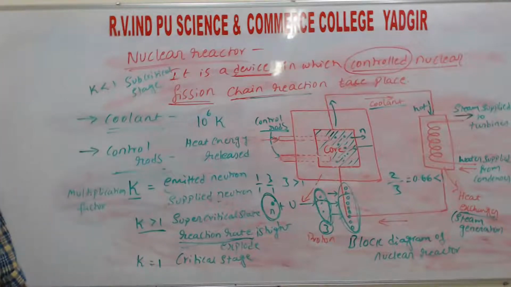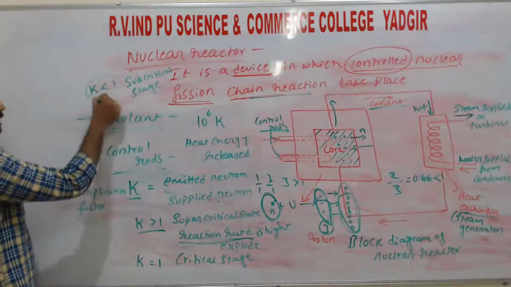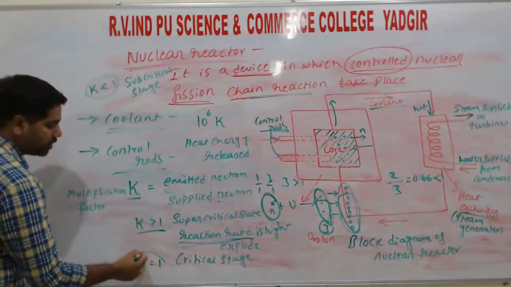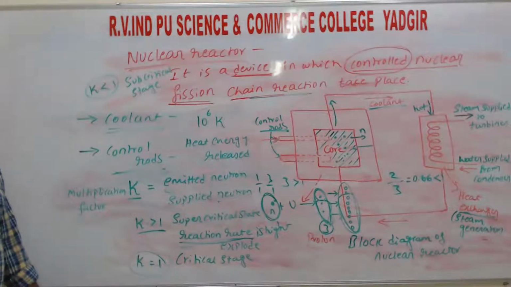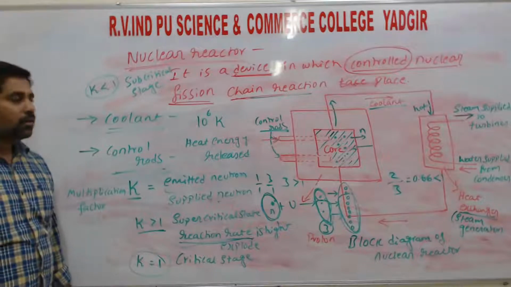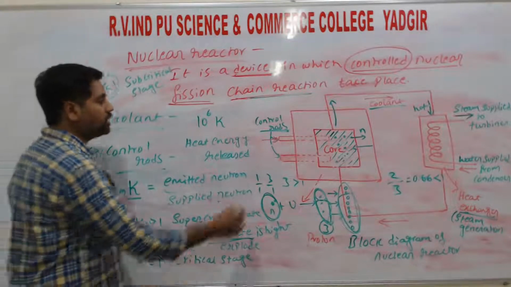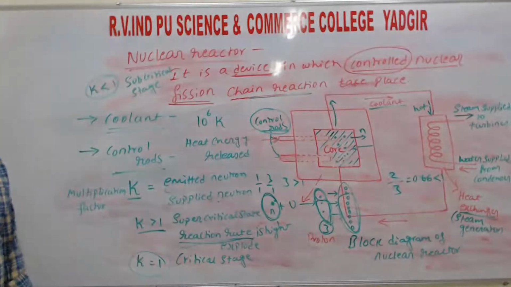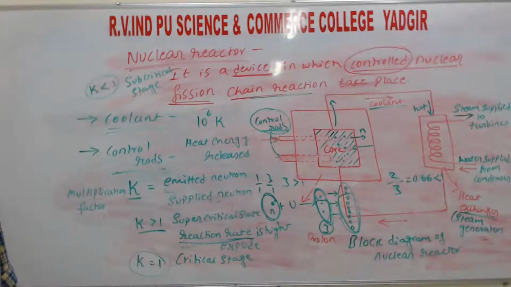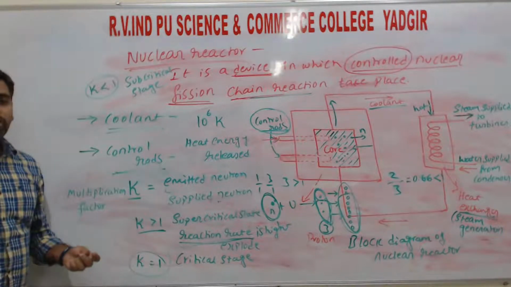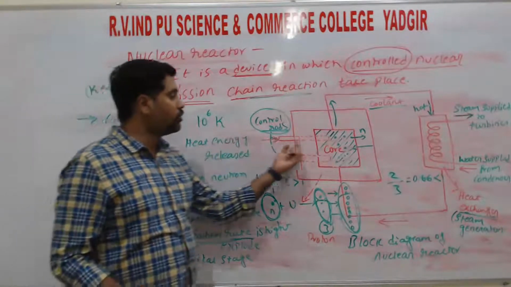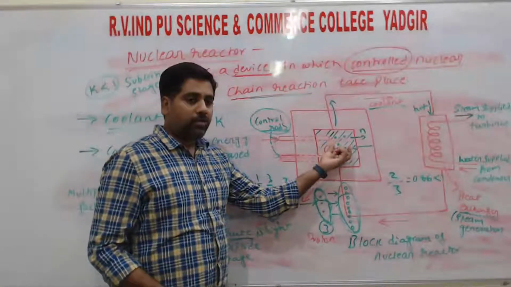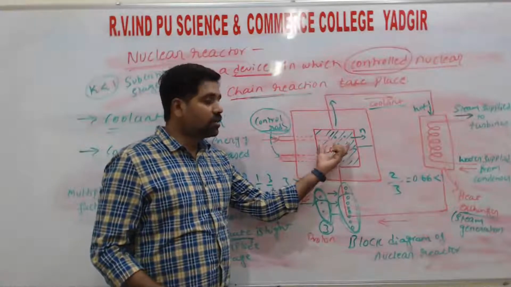So for a controlled nuclear reaction we need to maintain either K equal to 1 or K less than 1. For that purpose we are using the control rods, right? So for a controlled chain reaction we are using the control rods. These control rods absorb the neutrons which are present inside the core.